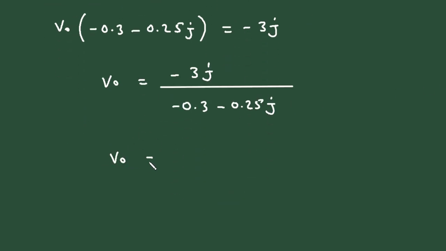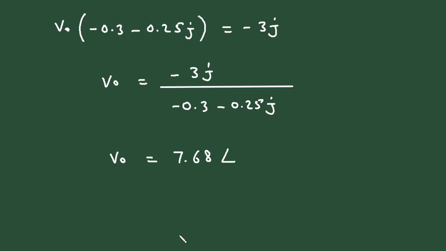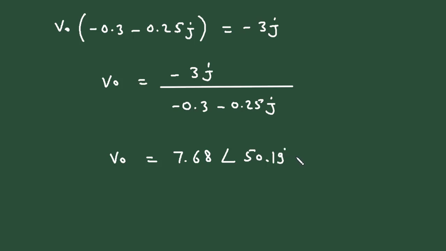So therefore VO is equal to minus 3 into j divided by minus 0.3 minus 0.25 into j. So it is equal to this much value. Let's convert this into polar form. Shift to 3. So it is 7.68 at an angle 50.19 degree volt. So this is the value of VO.